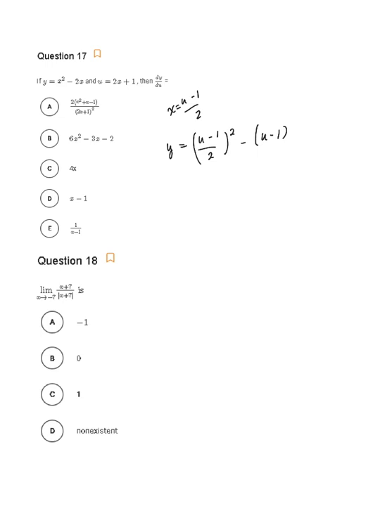Okay, I think I'm reading this right, dy/du. But then I'm looking at the choices and thinking, was this supposed to be dy/dx? I don't think so. All right, so I can go back and put it in terms of x. So I have y prime. Okay, so dy/du is equal to 2 times (u minus 1) over 2 to the first, times the derivative of u, which is just 1.